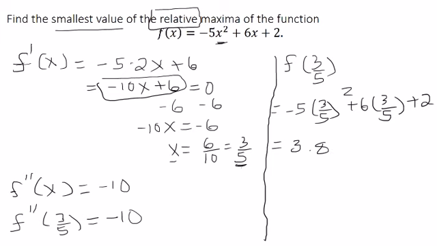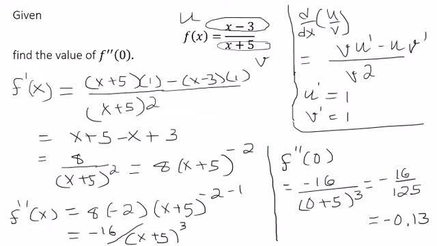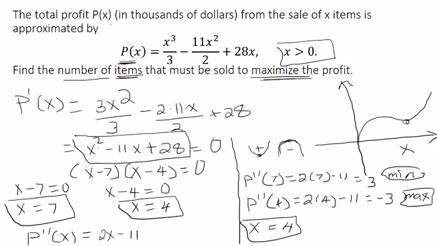So again, remember, in the previous example, let's see if I can go back here. In this case, we're finding the number of items that must be sold to maximize the profit. So we're basically finding the critical number that gives us the local max.